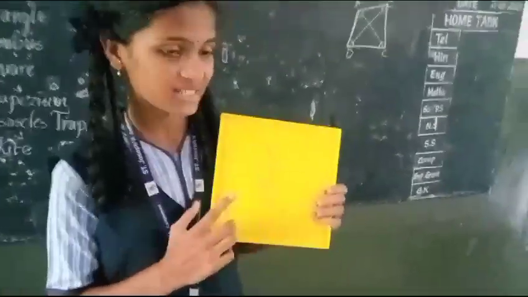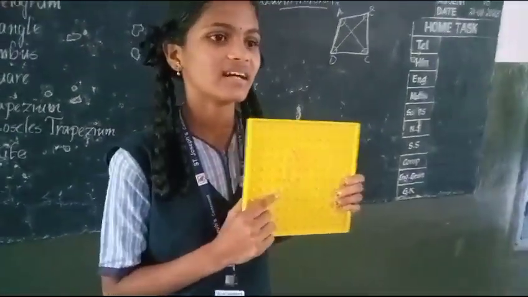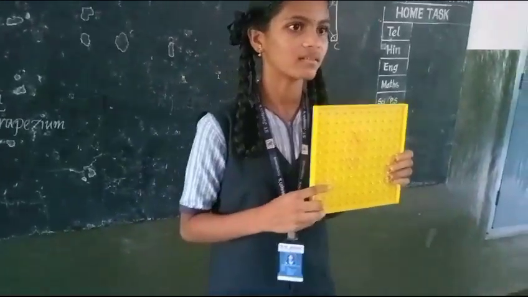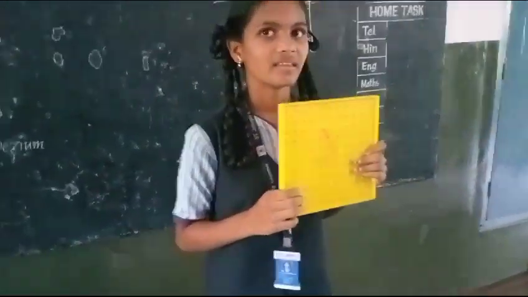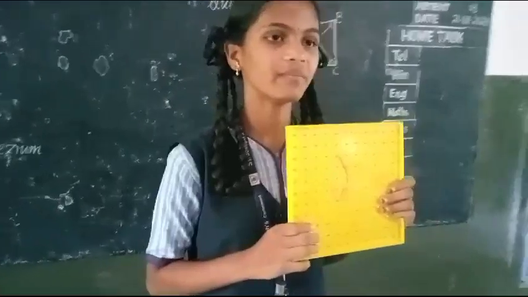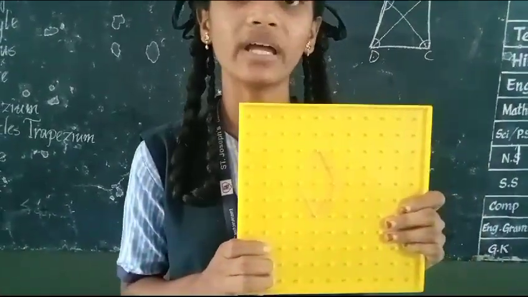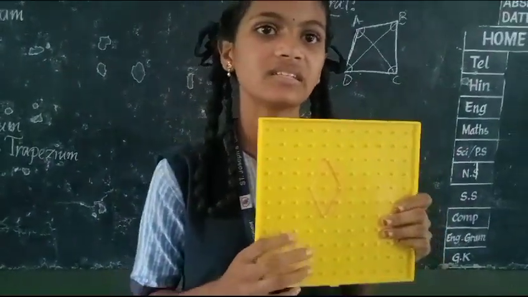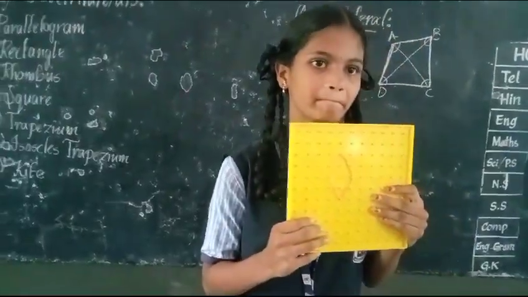Now this is a rhombus. In a parallelogram, if two adjacent sides are equal, then it is a rhombus. This is called a rhombus.